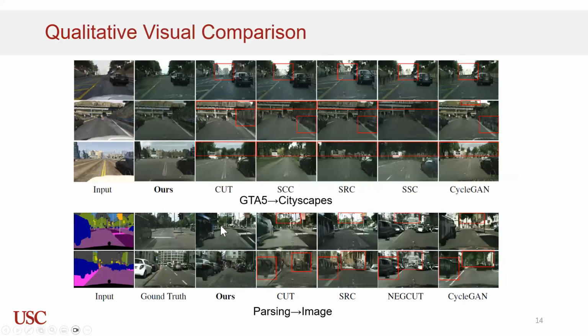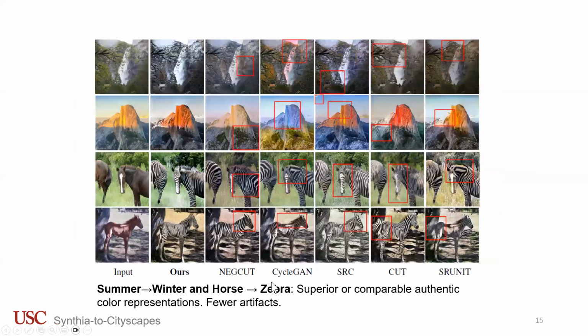And on the parsing to image dataset, we can see that similarly, we have fewer artifacts. And we also show results on summer to winter translation and horse to zebra translation. And we can see that we have superior or comparable authentic color representation and fewer artifacts.